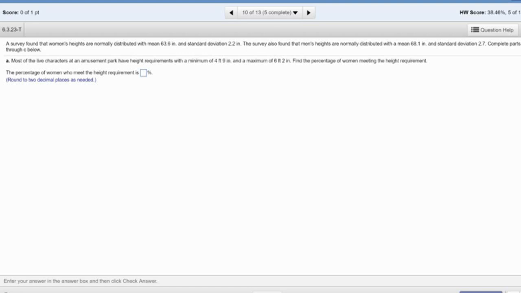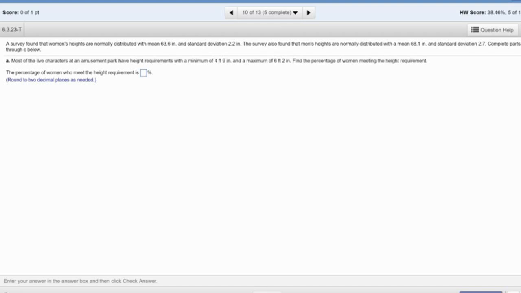A survey found that women's heights are normally distributed with mean 63.6 inches and standard deviation of 2.2 inches. The survey also found the men's heights are normally distributed with a mean of 68.1 inches and standard deviation of 2.7 inches. Complete part A.